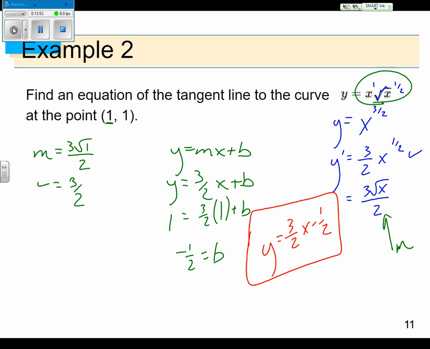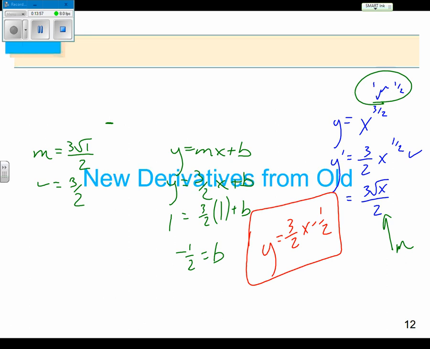Okay. What if they throw a constant in front of it?